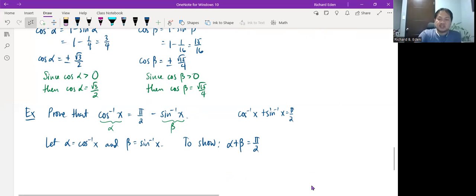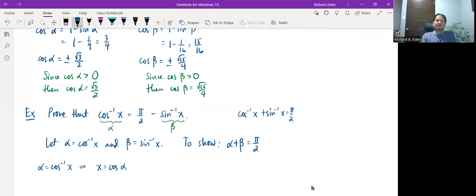Okay. But anyway, kailangan natin ng mga trigonometric functions of alpha and beta. We know alpha is cosine inverse of x. So that means x is cosine of alpha. We would need an expression for sine alpha.